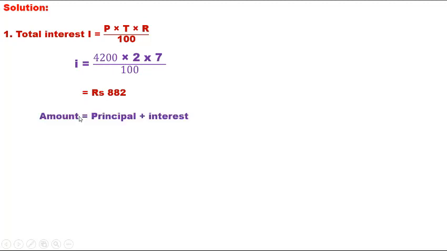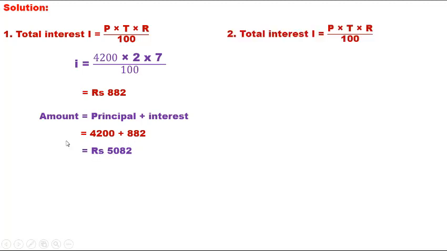Solution. Total interest is equal to I is equal to PTR divided by 100. I is equal to 4,200 into 2 into 7 divided by 100. Therefore rupees 882. Amount is equal to principal plus interest. Principal 4,200 plus 882 is equal to rupees 5,082. Second one, total interest is equal to PTR divided by 100.